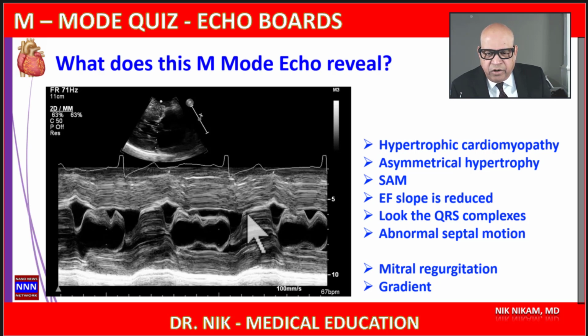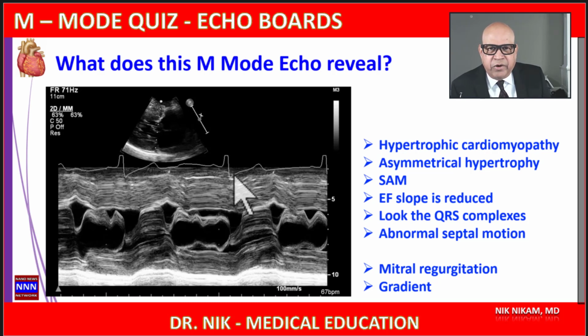So there is an abnormal septal motion, and if you look at the electrocardiogram, there's a wide QRS complex. Whenever you see a wide QRS complex, that means we may be dealing with bundle branch block, especially the left bundle branch block.